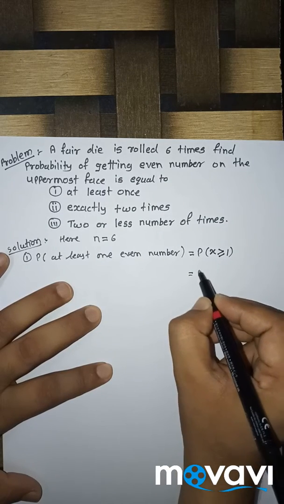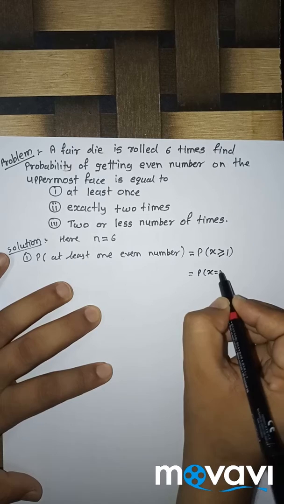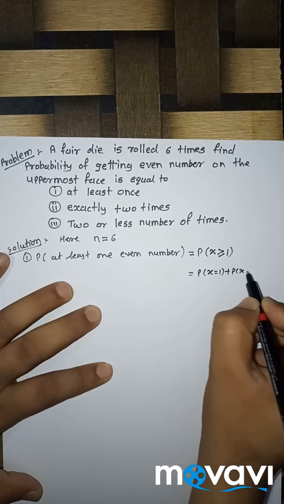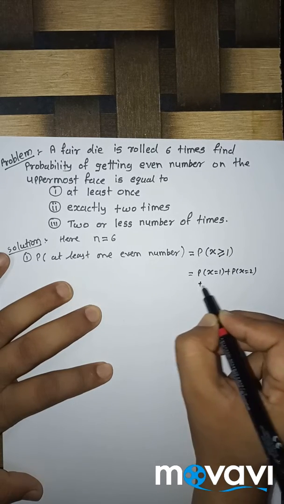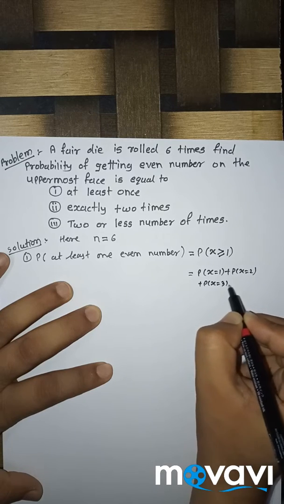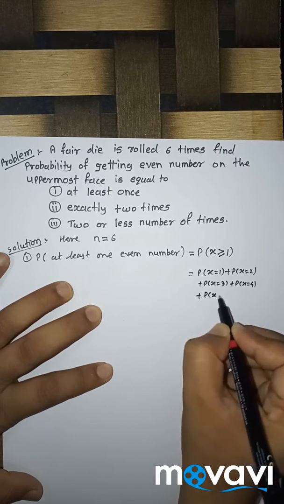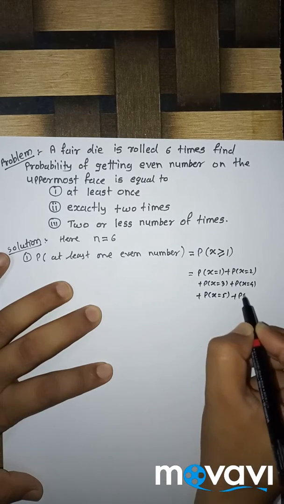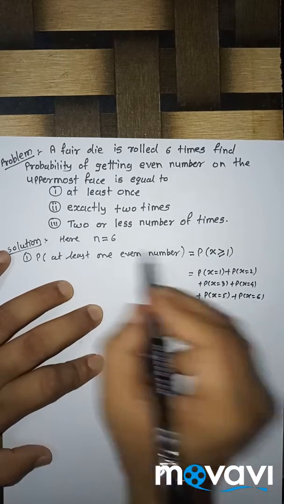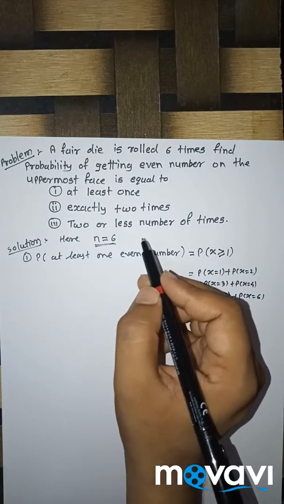We can write this as probability of x equal to 1 plus probability of x equal to 2 plus probability of x equal to 3 plus probability of x equal to 4 plus probability of x equal to 5 plus probability of x equal to 6. We have to go up to 6 because our value of n is 6.